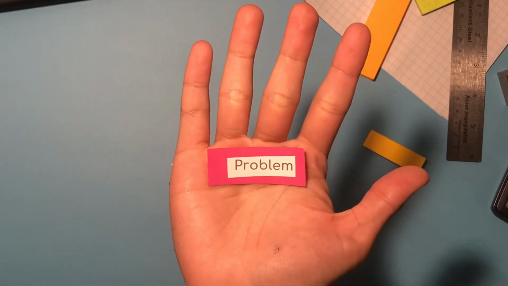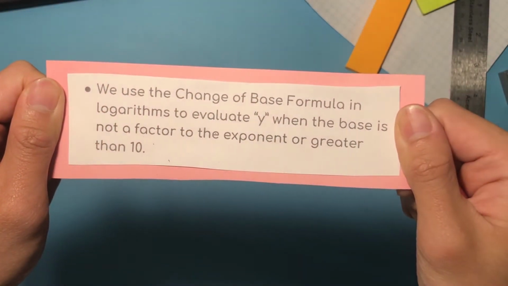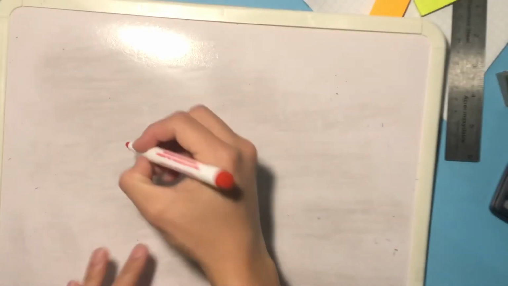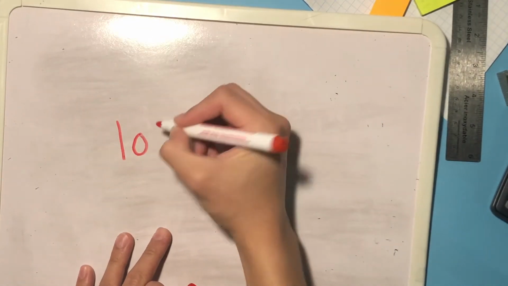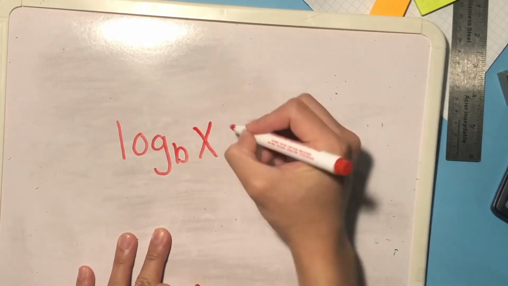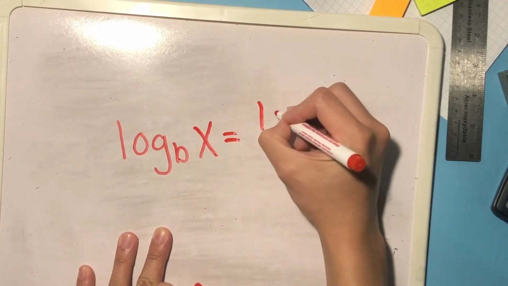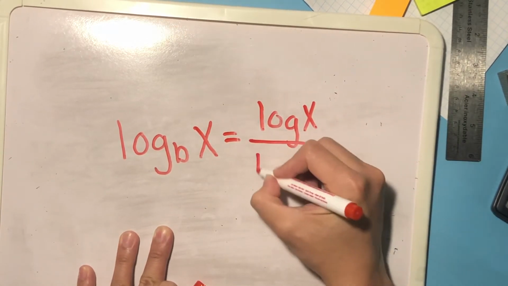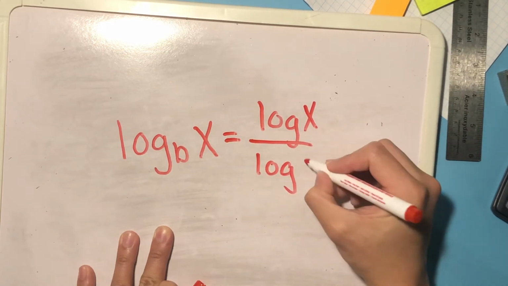Now, when evaluating logarithms, there may be some problems. When dealing with logarithms with a base other than 10, we use the change of base formula. The change of base formula appears like this. Log base b of x equals log x over log b.